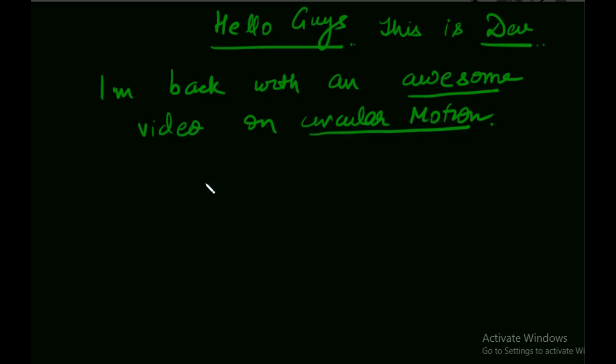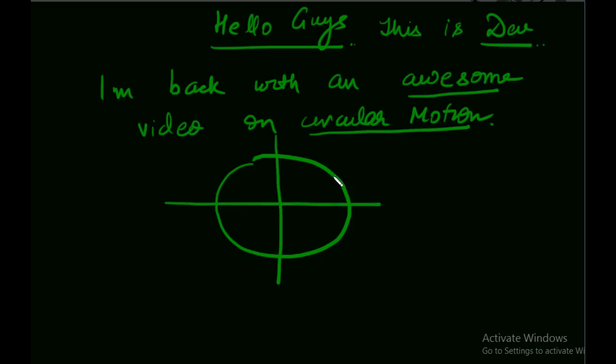Okay, so let's start. So you see, circular motion, everyone knows the object travels in a circle, and for example, the object is here. This is P and this is O. So when it is going anti-clockwise, velocity will be like this.